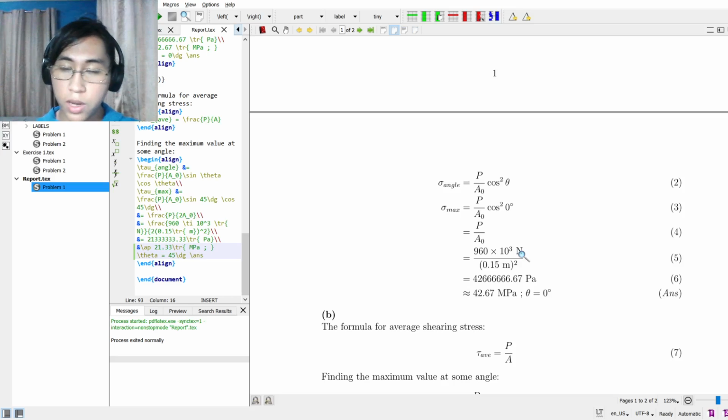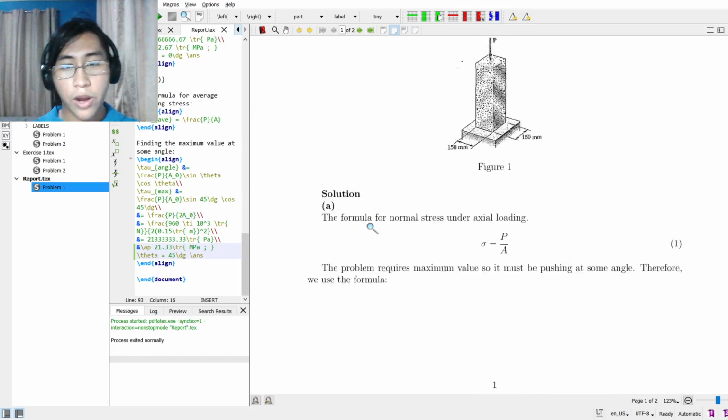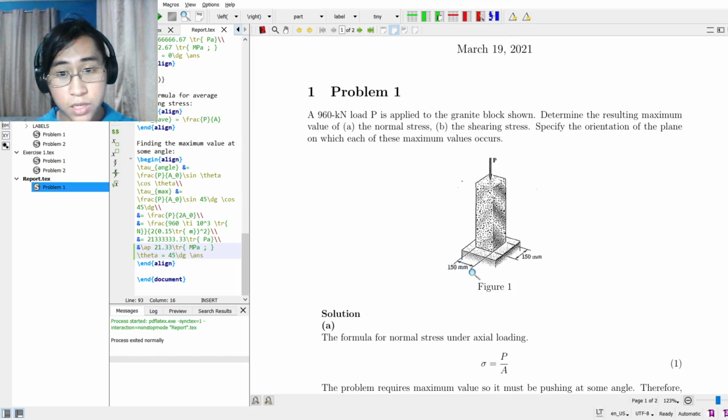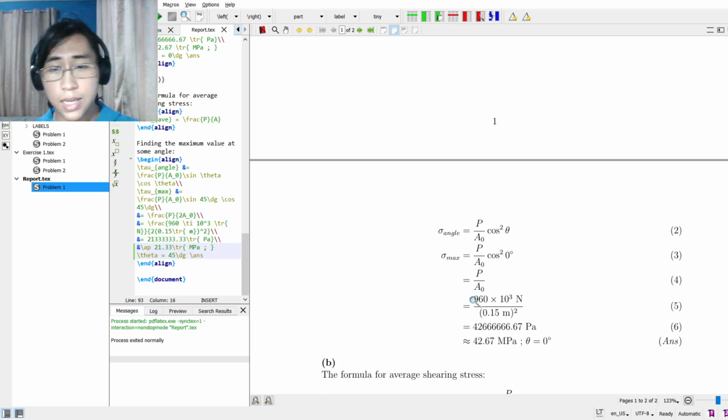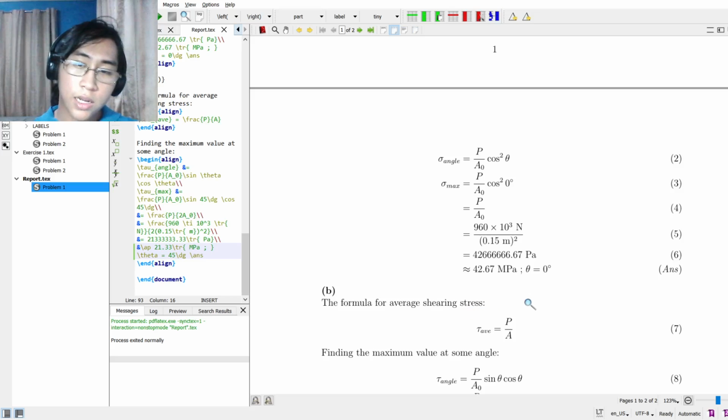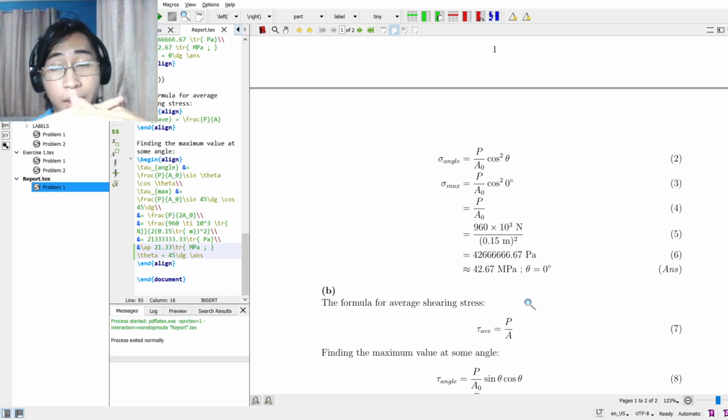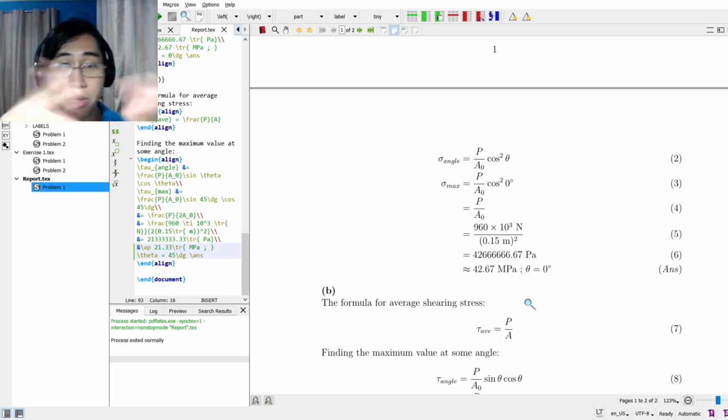So again, we just plug that in there: 960 times 10 to the power of 3 newtons divided by our area, which is 150 millimeters by 150 millimeters, so that's essentially a square. Convert that into SI units, that is 0.15 meters squared. Plug that into your calculator and you get approximately 42.67 megapascals. And for our orientation, that would be 0 degrees, since that's the angle that we applied it.